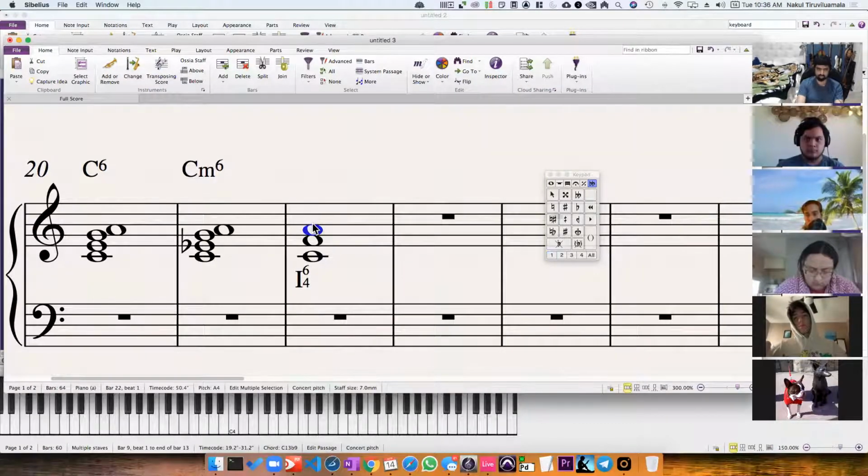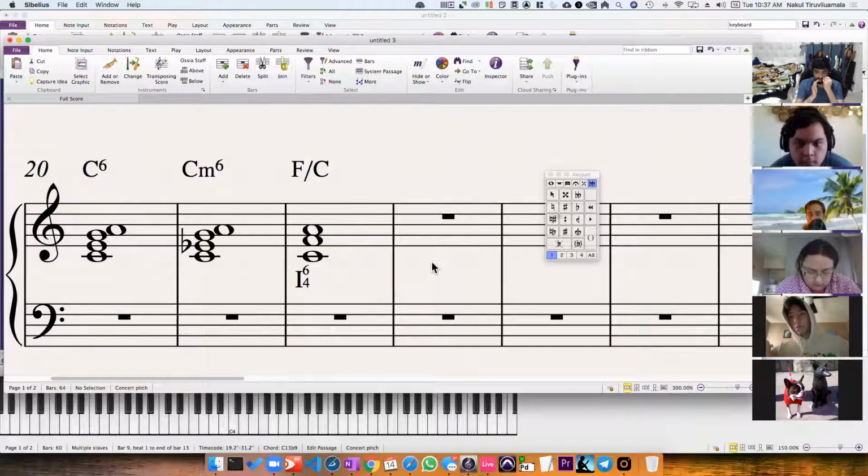But the jazz way of representing this, or the way that you'd see this represented in a lead sheet, is the process is similar, right? I guess I'll just tell you the answer first. The jazz way of representing this would be to actually describe it as a slash chord. And a slash chord is just a way of representing inversion.